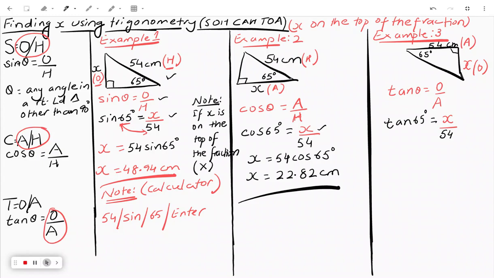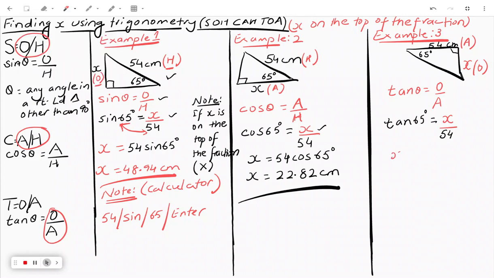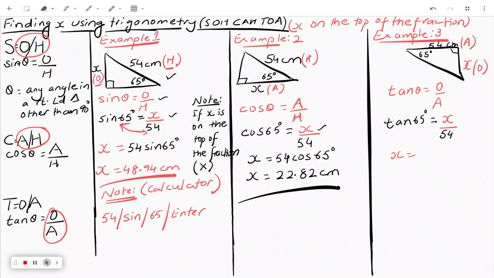So we simply multiply 54 and tan 65 together, and we are going to get our x value. So x equals 54 tan 65.